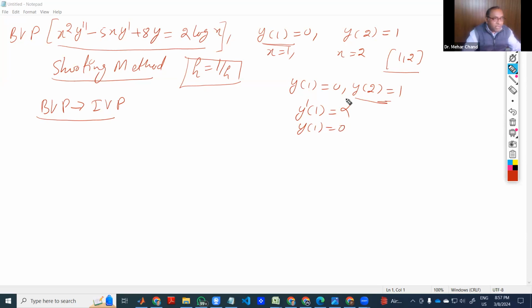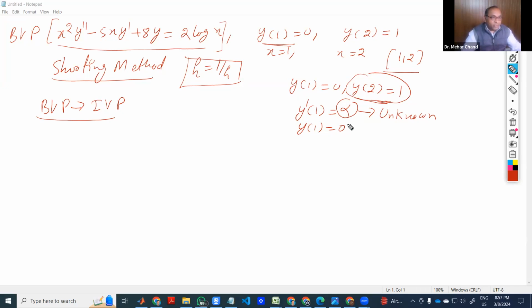So this alpha is unknown. We need to find the value of alpha to get the exact solution when we have x equal to 2, y equal to 1.